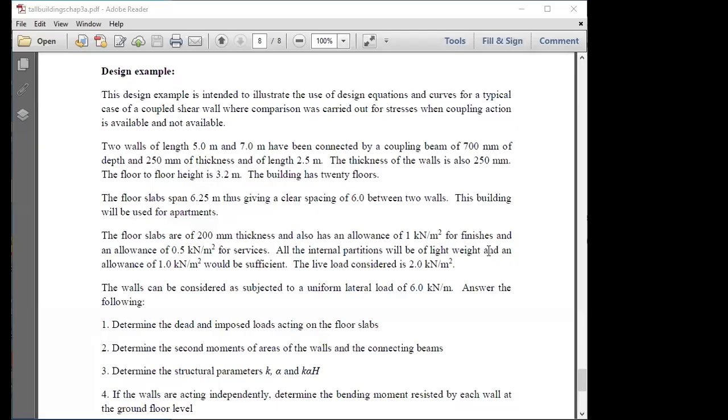And there's a floor slab of 200 millimeter thickness.